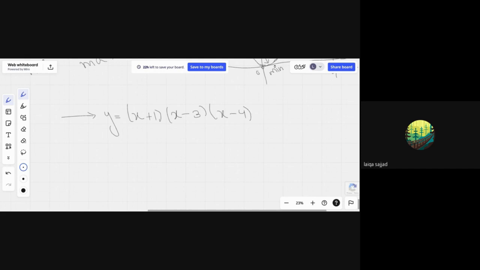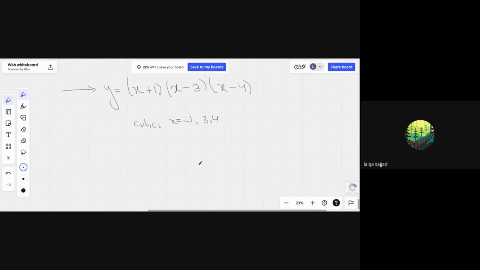How can we draw the graph for this equation? It would be cubic, yes, and the x-intercepts will be -1, 3, and 4. Okay, minus 1, 3, and 4.